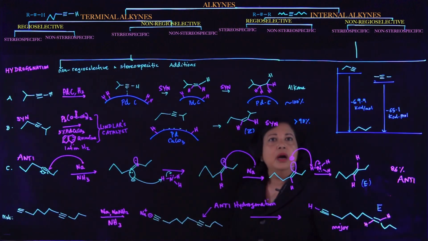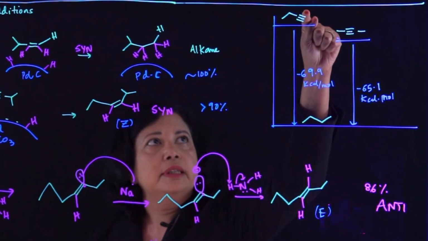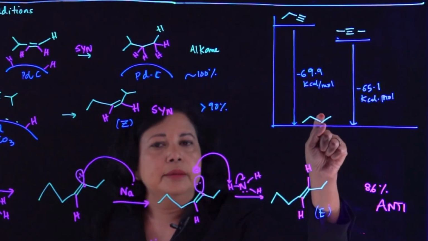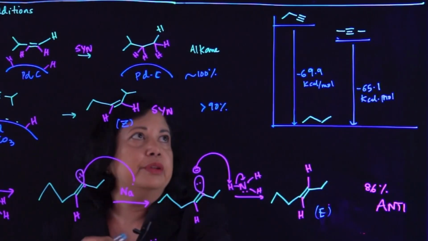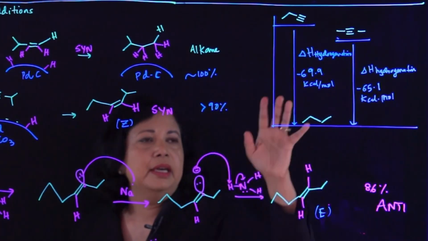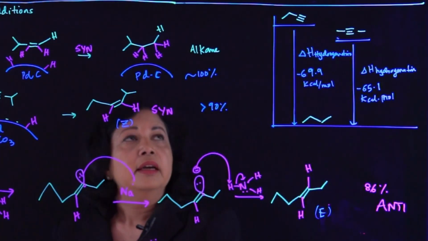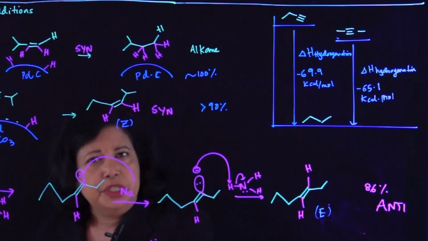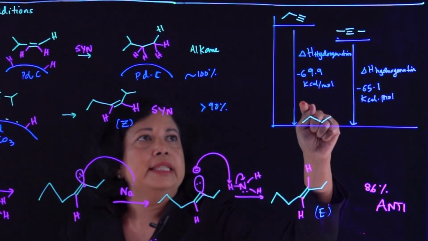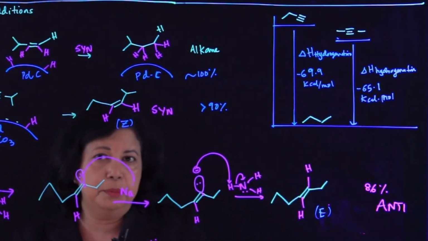Now, one of the things I'd also like to note is, let's say you have a terminal alkyne and an internal alkyne and you hydrogenate them. This is your delta H of hydrogenation. Here's something I want to leave you with. You can see that even energetically they are not the same. When you hydrogenate a terminal alkyne, 1-butyne, you're releasing 69.9 kcal per mole, about 70 kcal per mole.